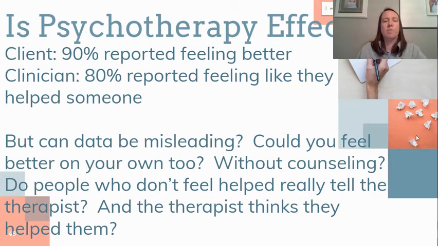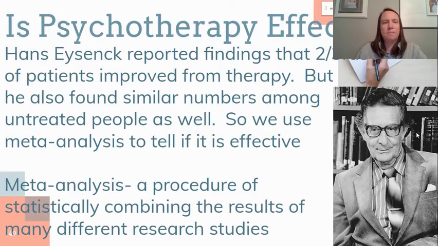And so your book talks more about that in depth. There's this guy right here, Hans Eysenck. He is a famous psychologist, and we will talk about him more in later units. He reported that about 2/3 of patients who went to therapy improved. So he took only people that went to therapy, and it was basically, yes, you improved, no, you didn't.